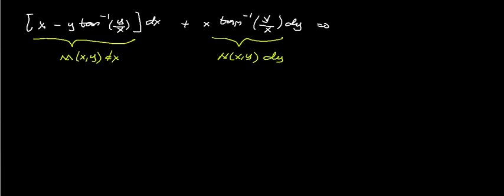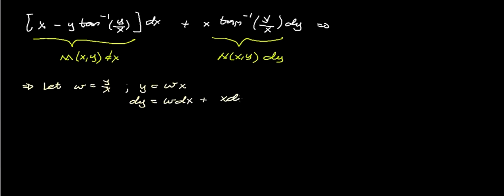So our first step is to substitute a variable, say w is equal to y over x, or y is equal to wx, and then from here we have dy is equal to w dx plus x dw, the second times the derivative of the first.